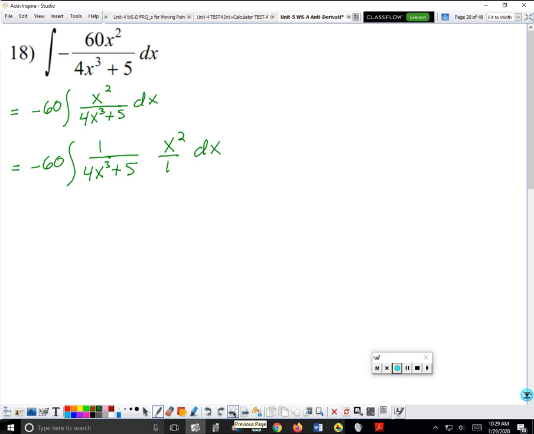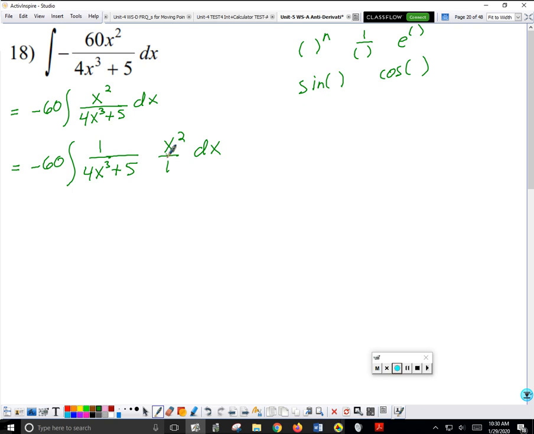Now I have to remember, just like the pink sheet, I'm looking for the 2 functions to be of the form something to a number, 1 over something, e to the something, sine or cosine of something. Right here, I see something to a number.